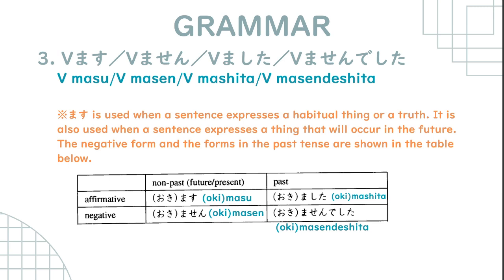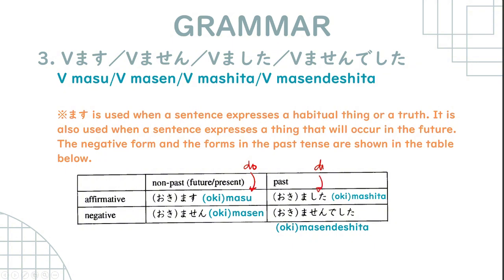For example, we have here okimasu, right? Okimasu. Past tense of okimasu is okimashita. Okay, negative non-past form of okimasu is okimasen, and past negative form for okimasu is okimasen deshita. Okimasu, this is do.